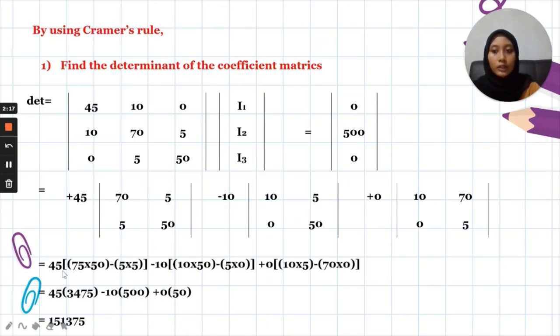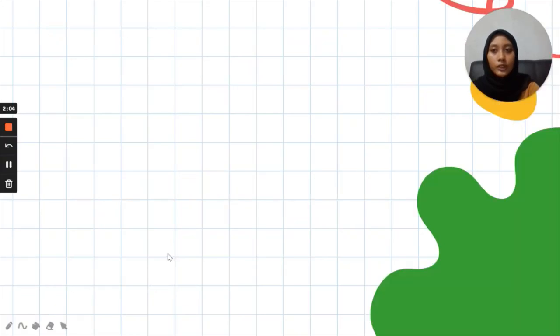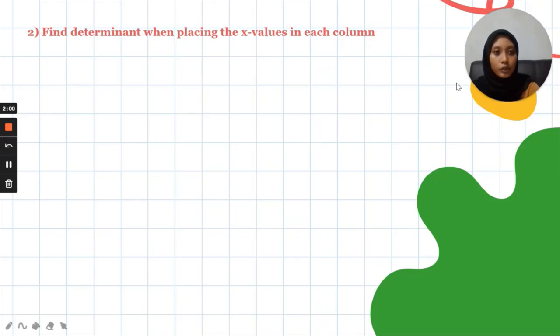So we expand and calculate it, and we get 151,000 and 37500 for the determinant.